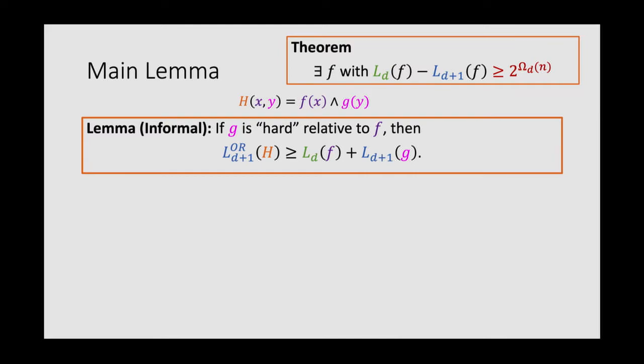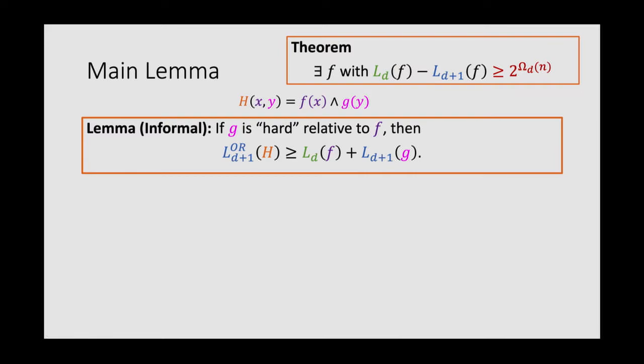There's a bunch of notation here, so let me walk you through this. I should also say that the theorem statement at the top is just a reminder of what the theorem statement is. The f on this slide is different from the f in the theorem statement. And this lemma is going to be about generic functions f and g.